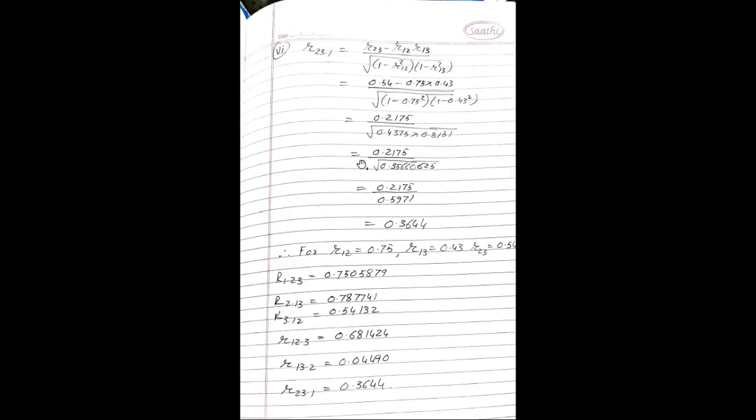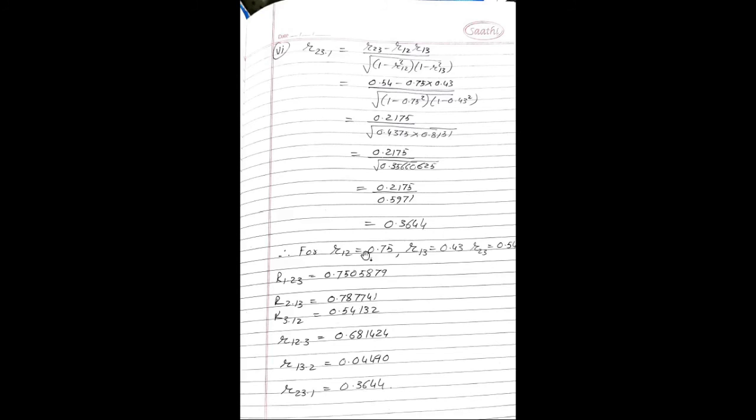Take the product. The value is equal to 0.2175 divided by 0.35660625. Take the square root. The value is 0.5971, so R23.1 is 0.2175 divided by 0.5971.